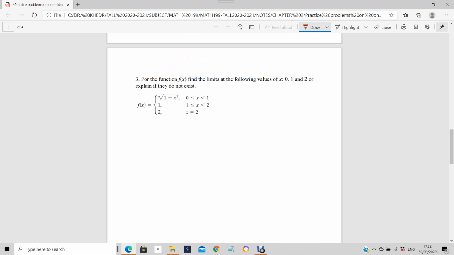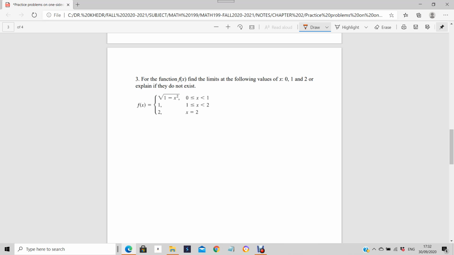Now let's see question 3. For question 3 here, for the function f of x, find the limits at the following values of x equals to 0, 1, and 2, or explain if they do not exist.